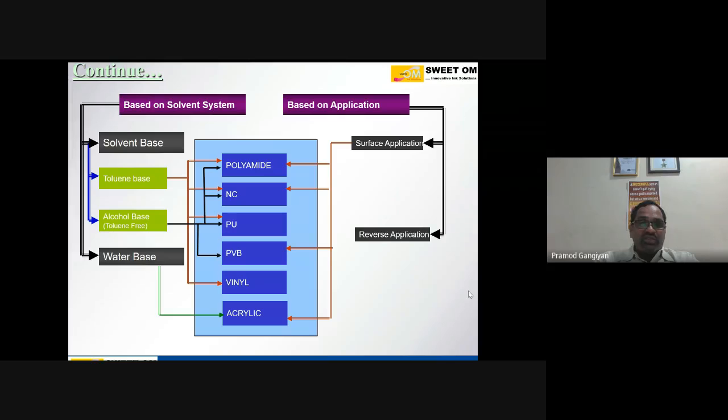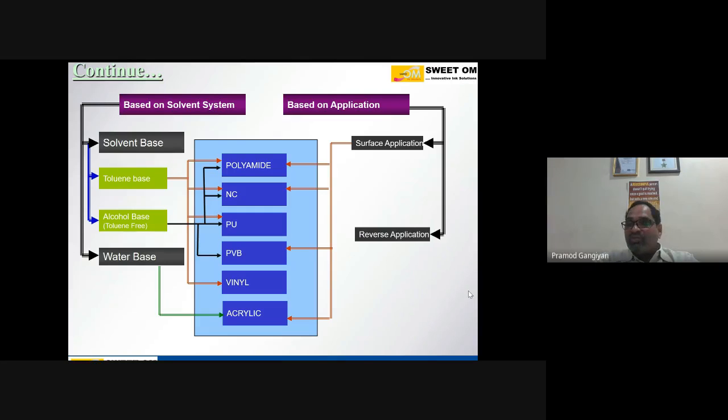So all opaque surfaces have to be printed with surface applications. Today our session was categorized as surface coatings, so we presume that coatings can only be surface applicable. No, that is not the case. We have another dimension, we call it reverse coatings, reverse application coatings.